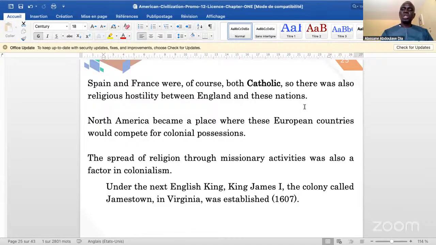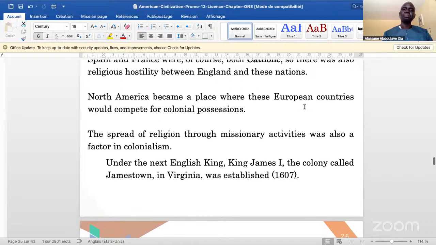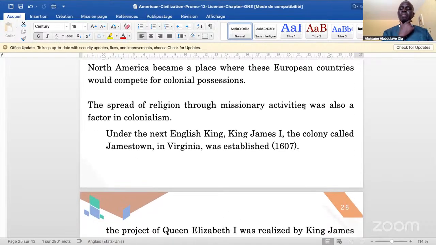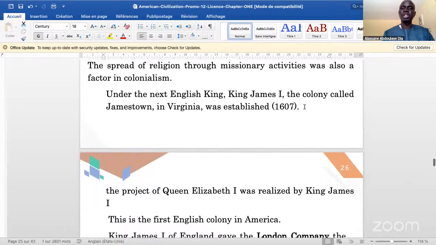And England was more Protestant and Anglican. So North America became a place where these European countries or superpowers, France, Spain, and England, would have a competition for colonial possession. They all wanted colonial domination.